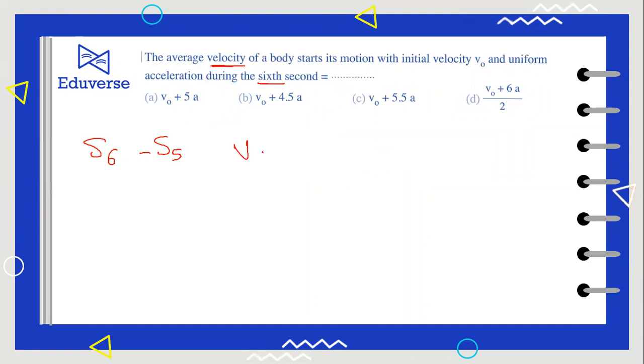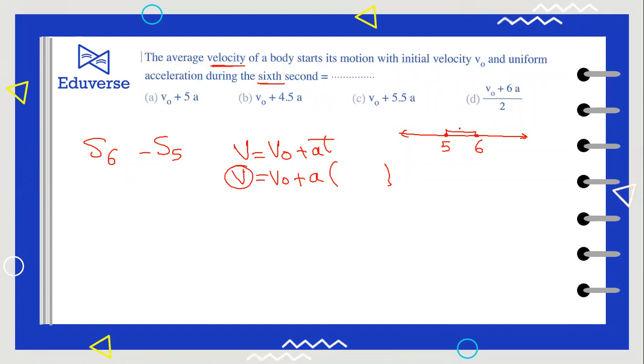I know velocity equals v naught plus at. V is the velocity I wanted to find, v naught plus acceleration, which is constant, times the time. We said that the 6th second is time starting from S5 and ending at S6, between them.